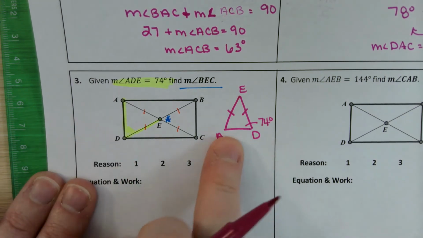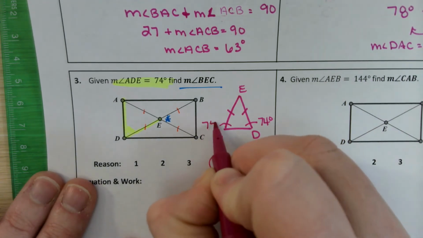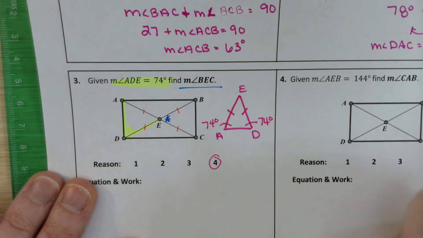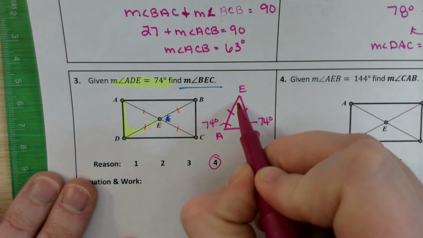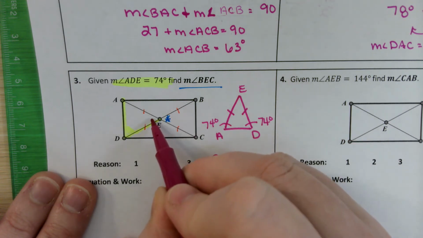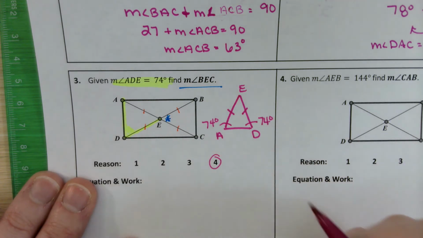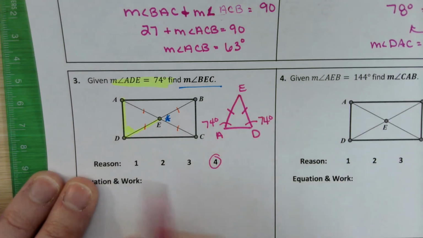I'm pulling it out, I'm just looking at it as angle A. This measure here is also 74 degrees. Once I find the measure of angle AED or DEA, this measurement right here, I can use vertical angles to say that they're congruent. So here's what we got going on algebra-wise.